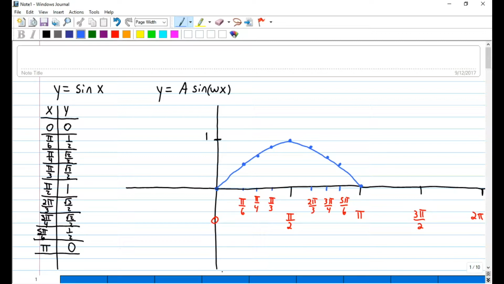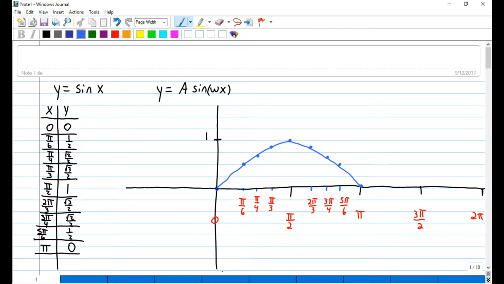So I pointed out as we started to graph these points that all of our y values were positive. So with the sine curve between 0 and pi, all of the y values are positive. What that means is every point is above the x-axis.